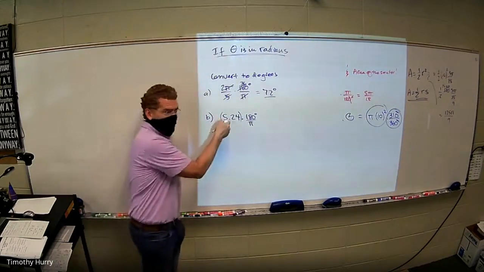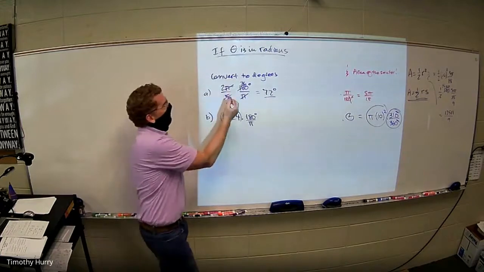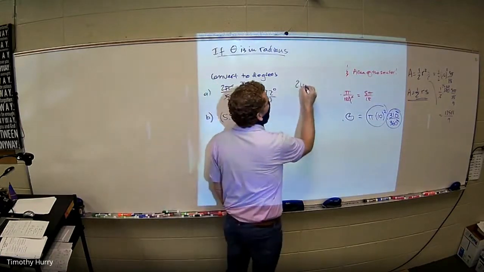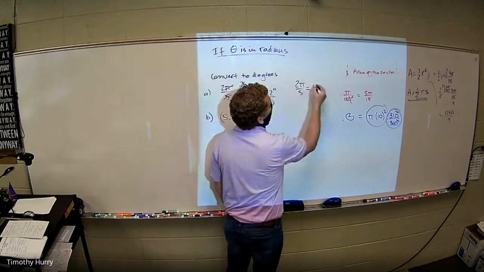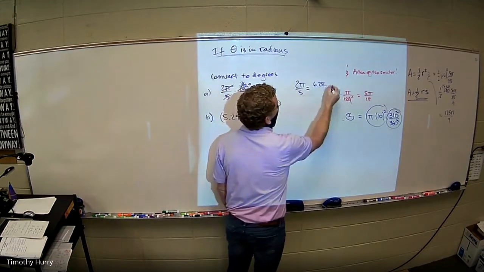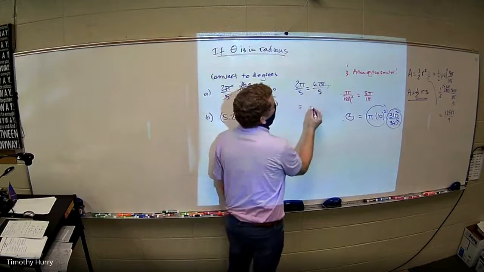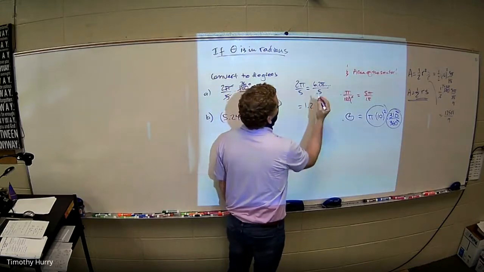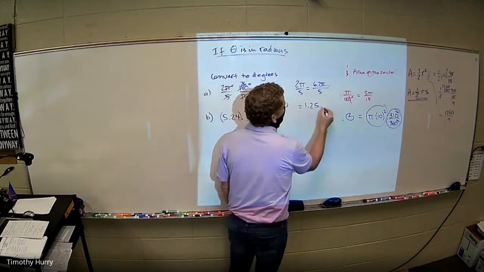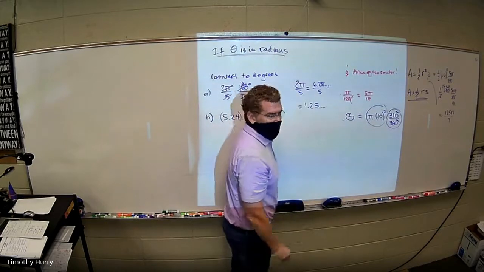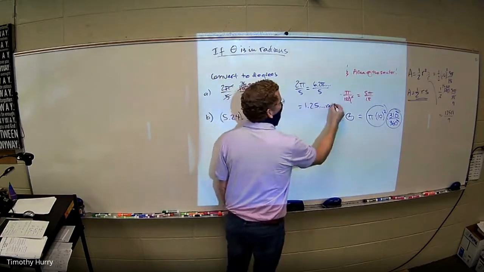It's already in there. Think about it. If I take 2 pi over 5, isn't that like 6.28 blah, blah, blah over 5? If I were to multiply that out, isn't that something like 1.25-ish, right? This is a fraction of a radian.